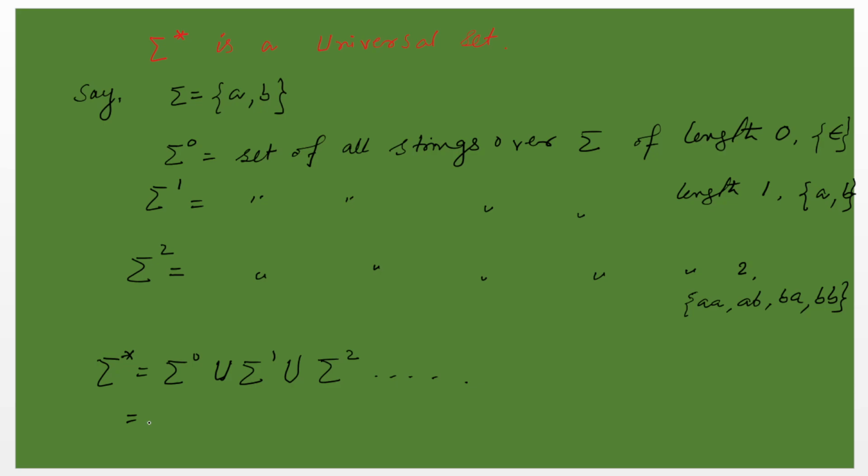That means epsilon, the string of length 0, then a, b, strings of length 1, then AA, AB, BA, BB, strings of length 2, and so on. So it is infinite.